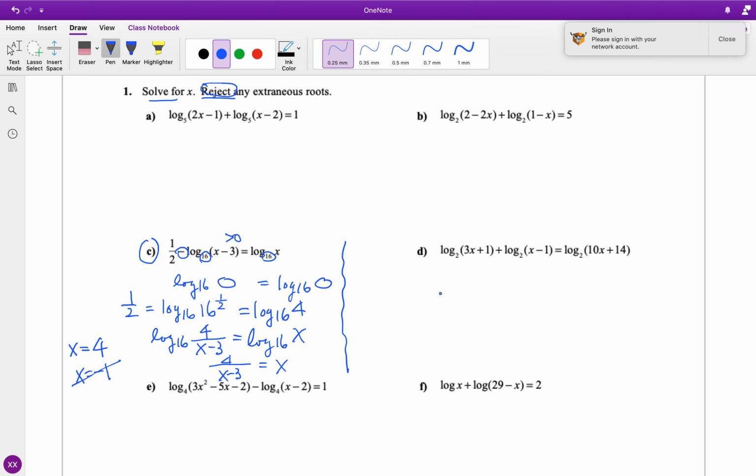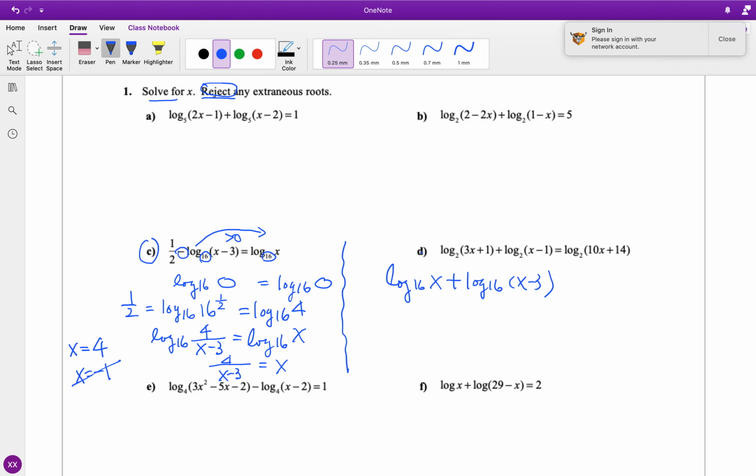Another way is that I can just move this log base 16 of x minus 3 to the other side, so leave the 1 over 2 on just one side. So that means log base 16 x plus log base 16 of x minus 3.